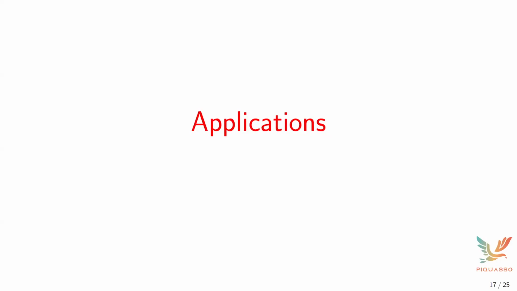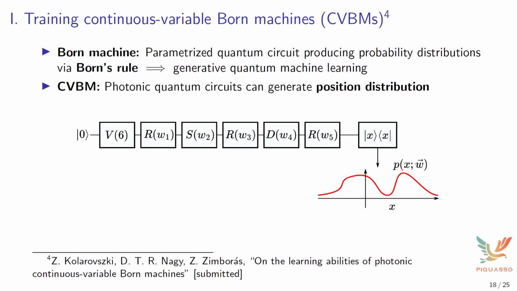And now I want to mention some applications of Piquasso, because now it has automatic differentiation and fast algorithms, and we naturally want to use it for something. The first application is the training of continuous variable Born machines. So what is a Born machine?